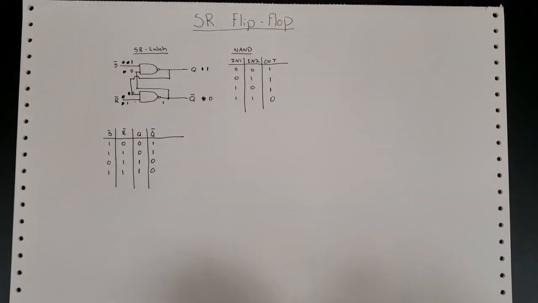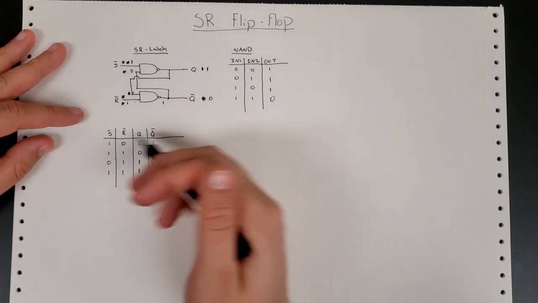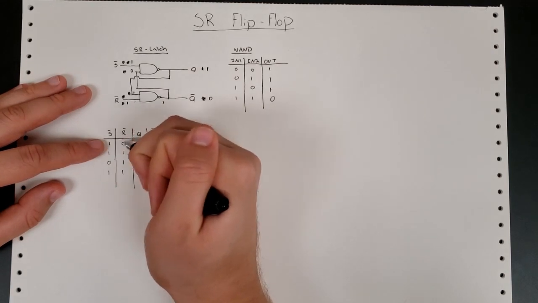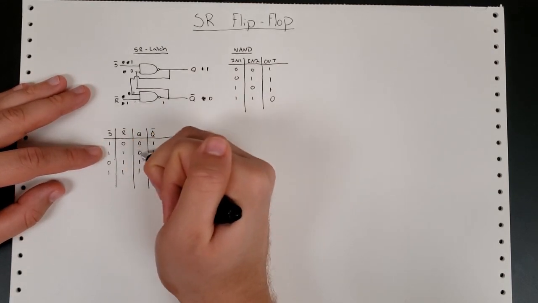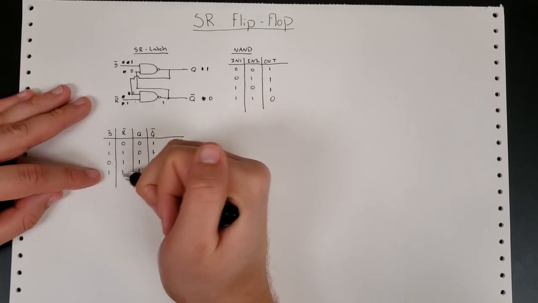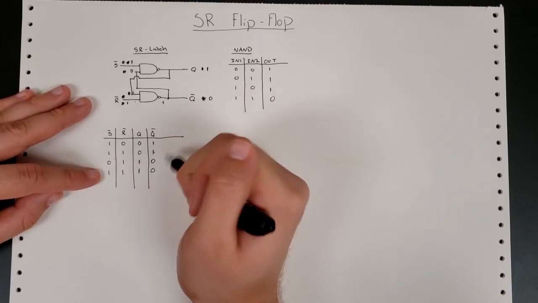All right, so you can see now, just from this chart here, that if we go from 1, 0 to 1, 1, we have an output of 0, 1 in both cases. But if we go from 0, 1 to 1, 1, we have an output of 1, 0 in both cases.